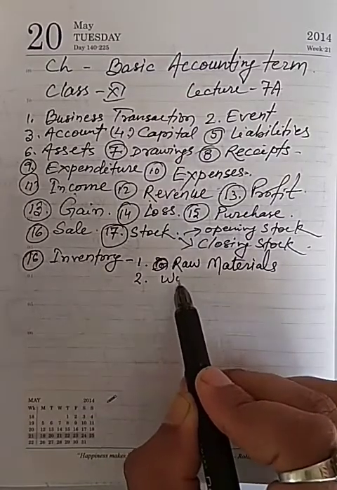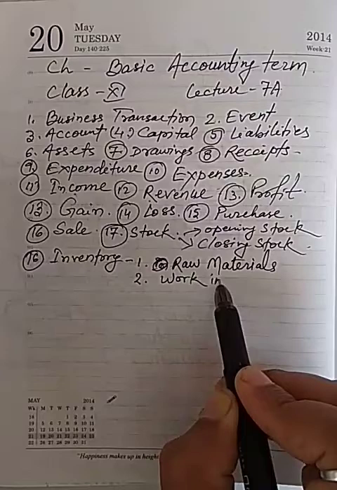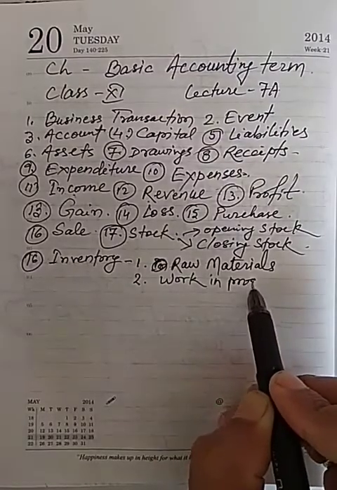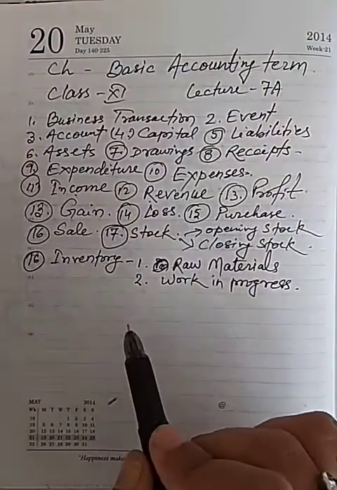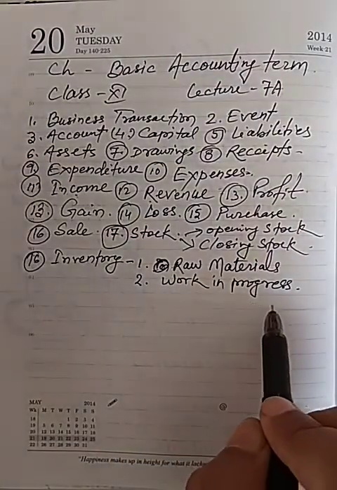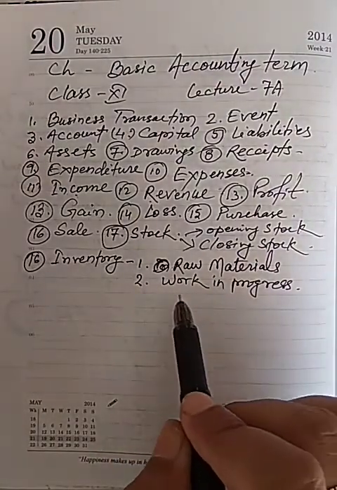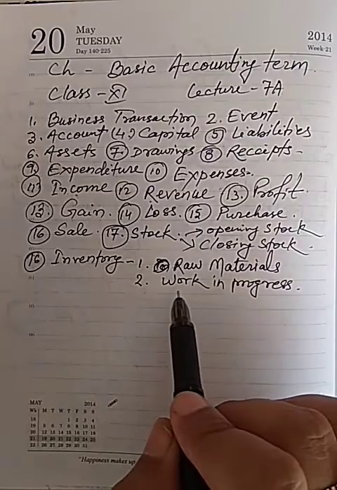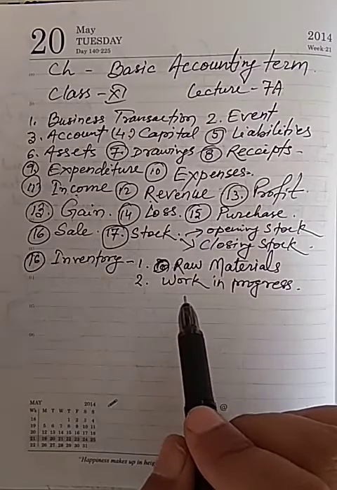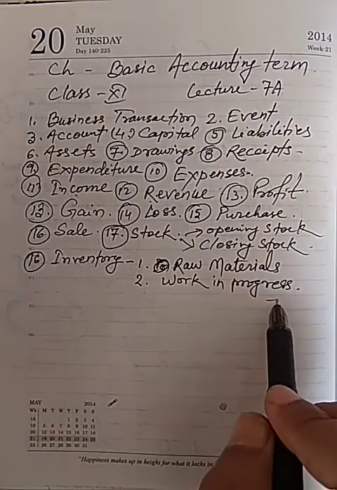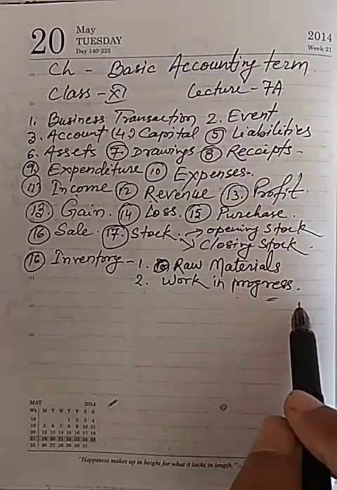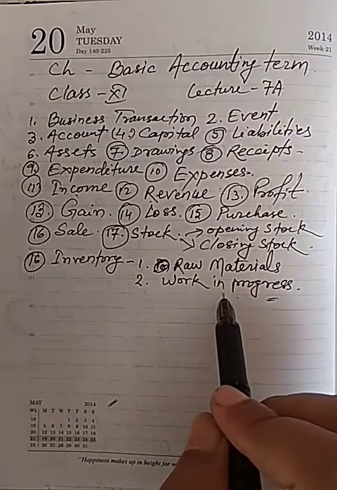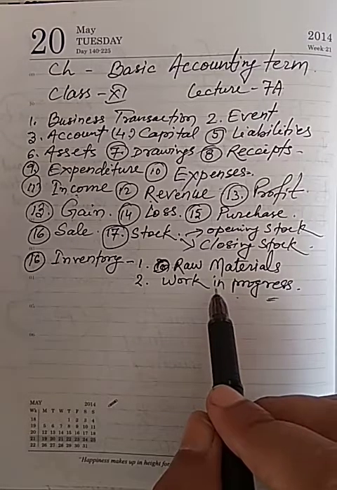Second thing, work in progress. It is also termed as inventory of partly finished goods. It means goods in semi-finished form. Such goods need further processing for converting into finished goods.